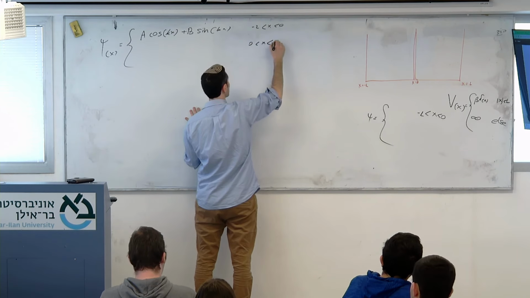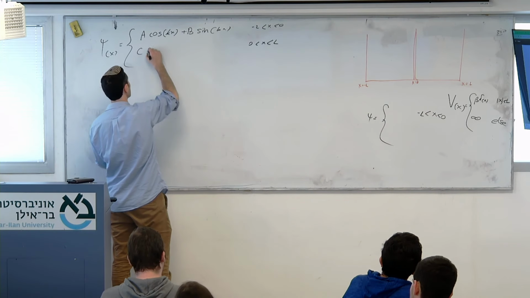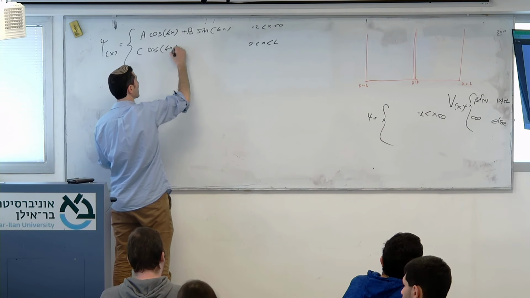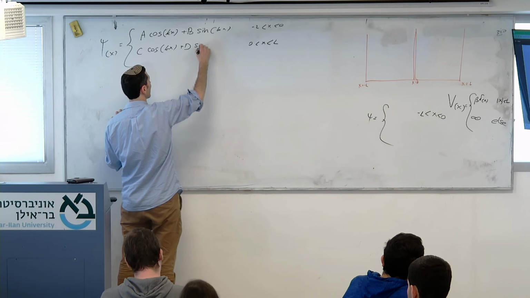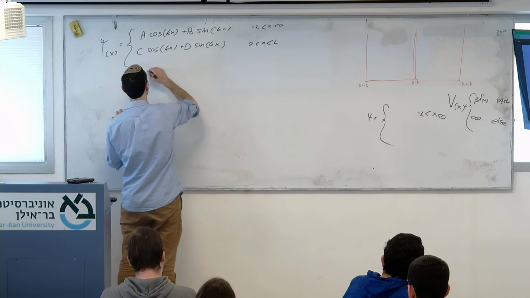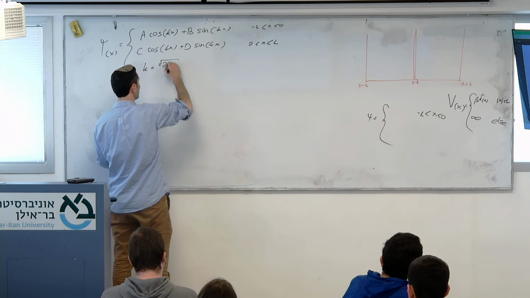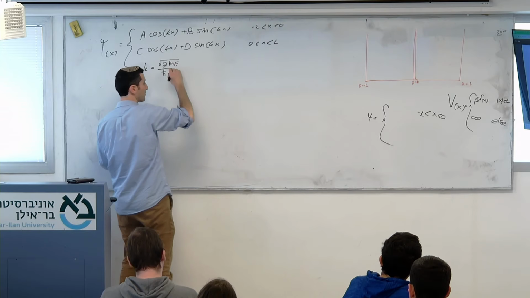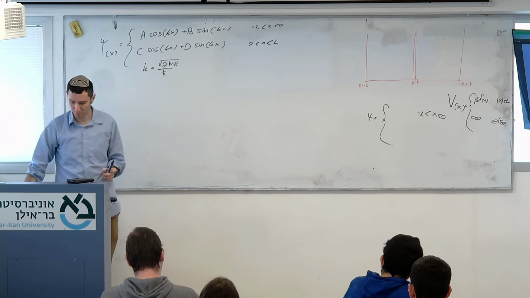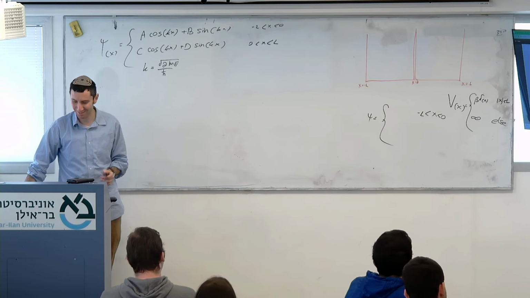However, when x is between 0 and L, it's going to be c cosine kx plus d sine kx, where of course k is the square root of 2mE over h bar squared. That's what it says here.